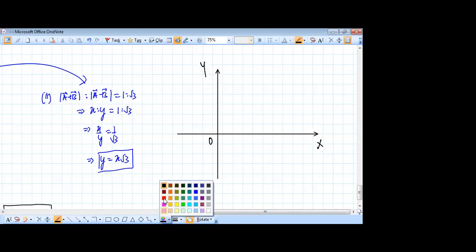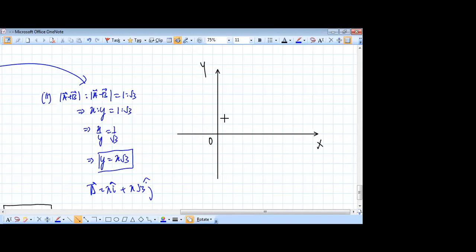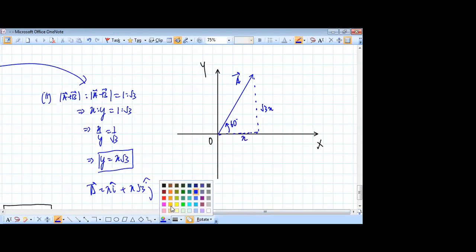So the vector E will become x i cap plus y j cap, that is x i cap plus x√3 j cap. So vector A will be making an angle of 60 degrees with the x-axis. This angle will be 60 degrees. How do I know that? Because this perpendicular side is the y component, so this will be √3x, and this side, the base, is x.